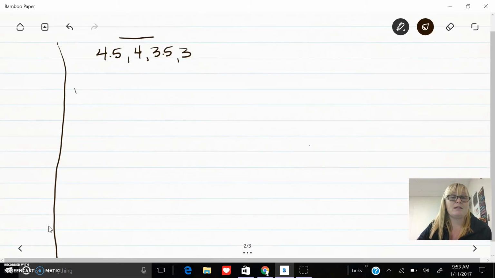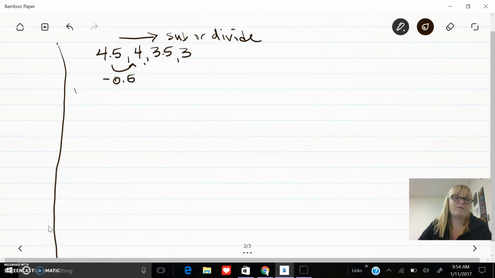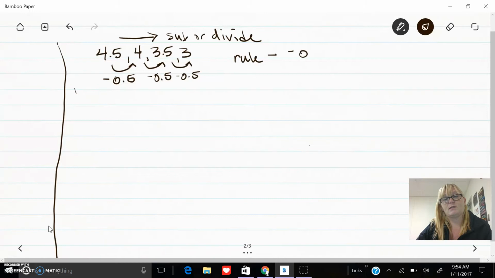So if I'm going down this way, I'm going to subtract or divide. All right, so how do I get from 4.5 to 4? Well, I subtract 0.5. 4 to 3.5, again, I'm subtracting 0.5. 3.5 to 3 is subtracting 0.5. So my rule then is subtracting 0.5. Okay.